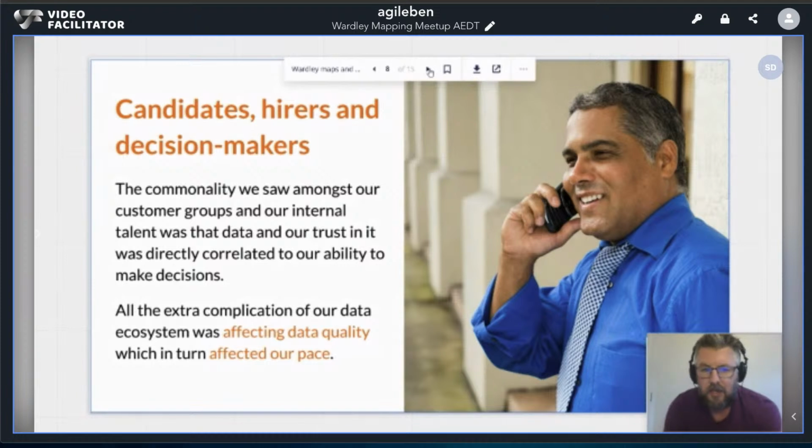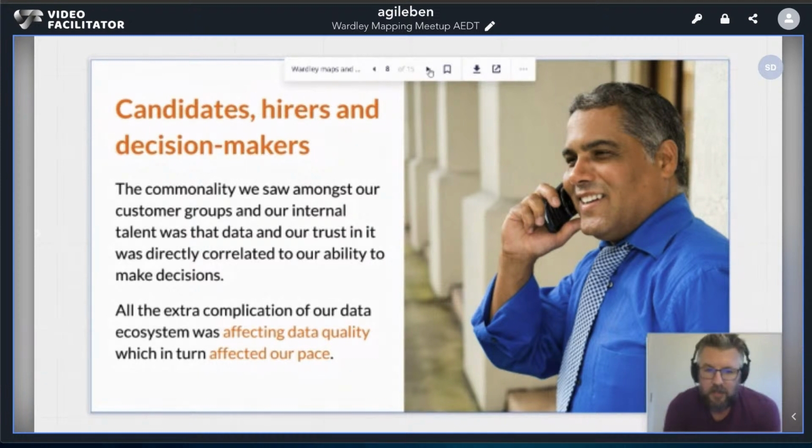What we saw in terms of our data ecosystem was that amongst our customer groups and internally, data and our trust in data was directly correlated to our ability to make decisions, and even our hirers and candidates' ability to make decisions, because when we're putting data in front of them, it could be in the form of a recommendation, or it could be in the form of other data points about what other candidates or hirers are doing, which might encourage them to make a choice.